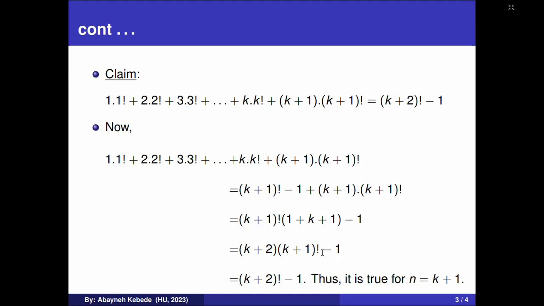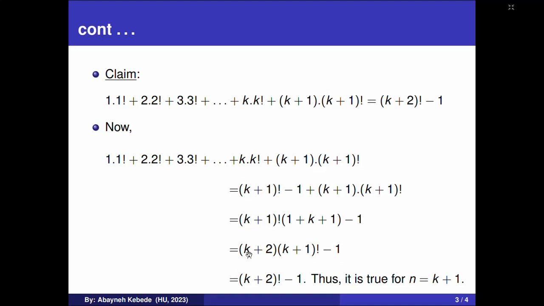Dear students, this expression (k plus 2) times (k plus 1) factorial is equivalent to (k plus 2) factorial, because (k plus 2) factorial is the same as (k plus 2) times (k plus 1) factorial, since we know that k factorial is k times (k minus 1) factorial. So using that, (k plus 2) factorial becomes (k plus 2) times (k plus 1) factorial.